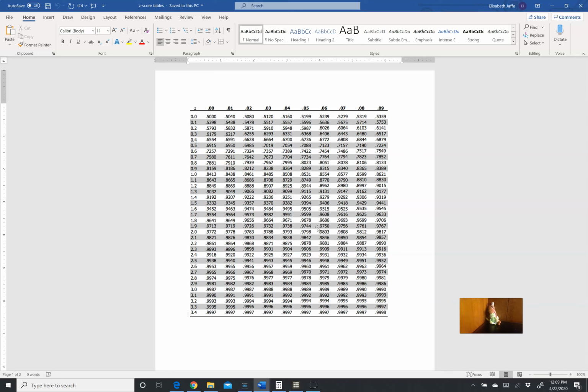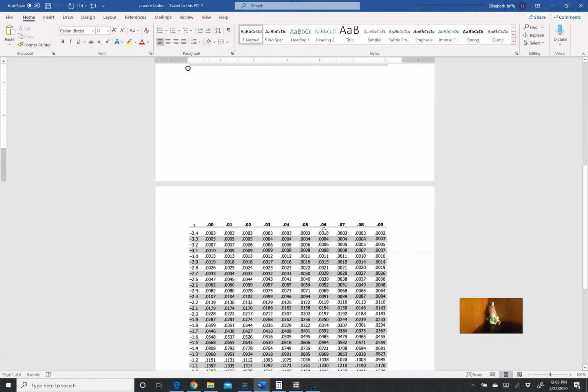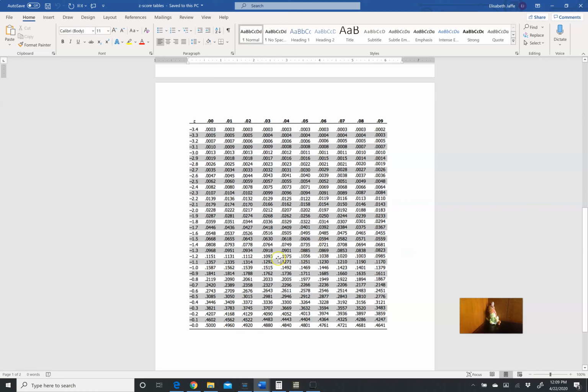This is essentially saying the probability of z less than 1.96 minus the probability of z less than negative 1.4. This is exactly what we did already. So at 1.96, the area under the curve, the probability, is 0.975, and then we're going to go to negative 1.4 and look up that number.